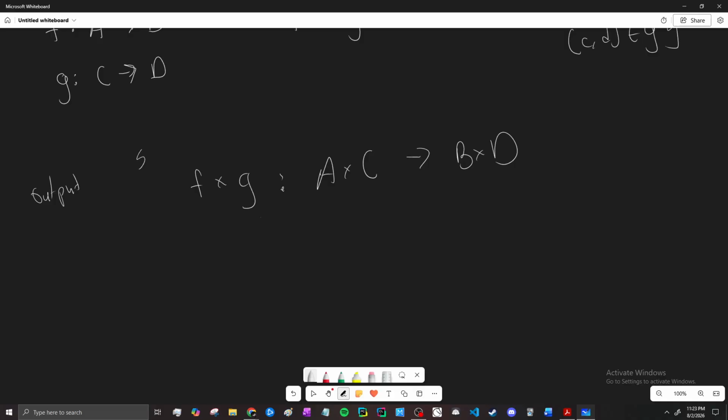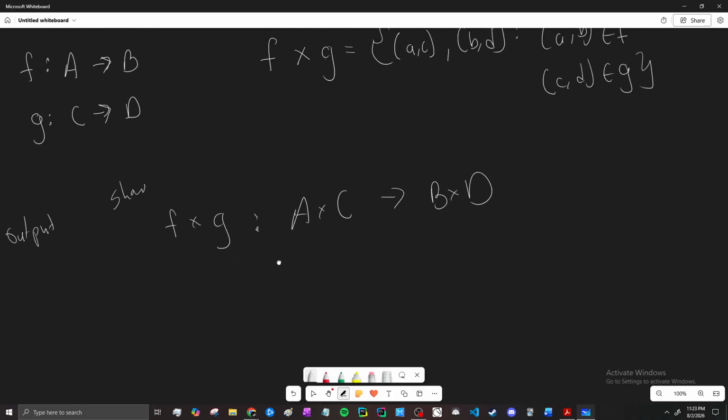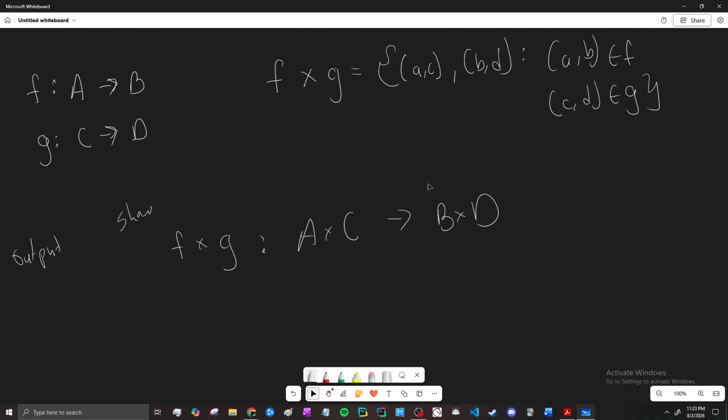So show this basically. Okay, so FG right here. They're saying we know the set FG is simply this right here.